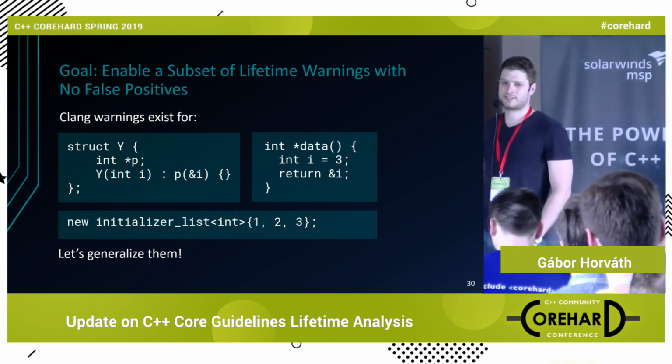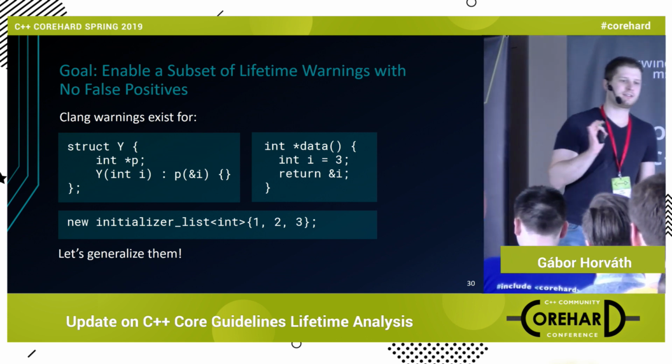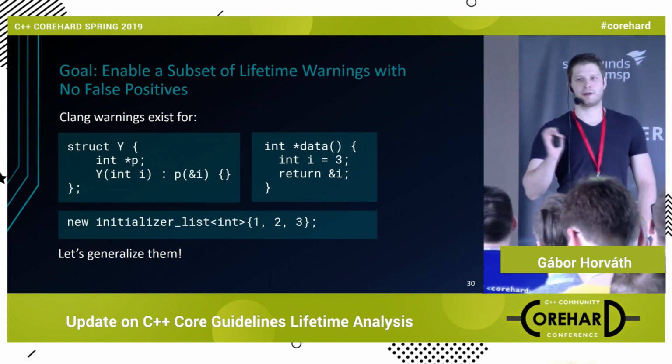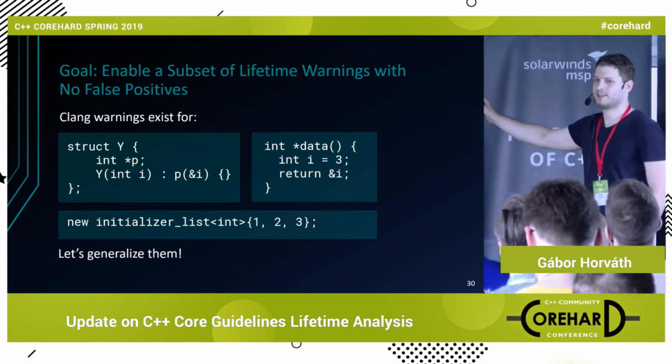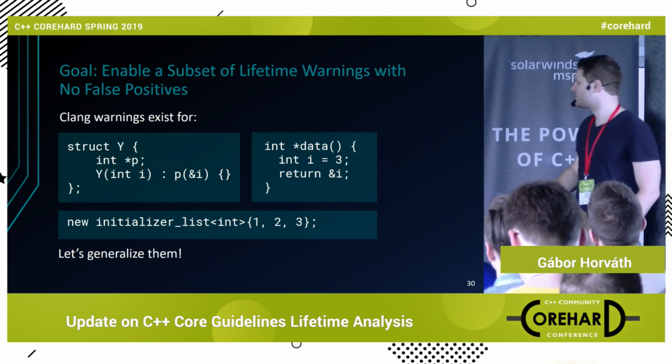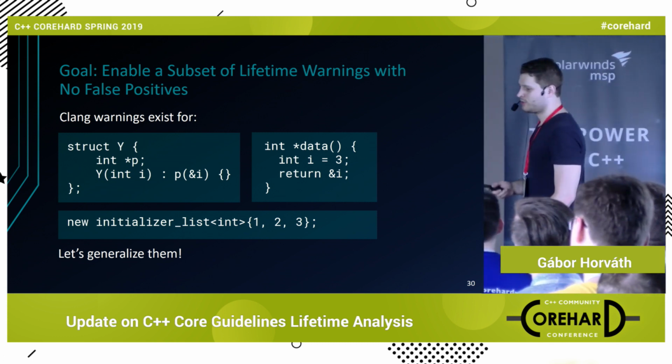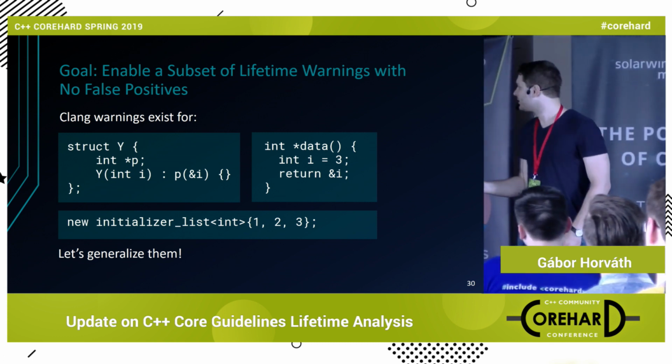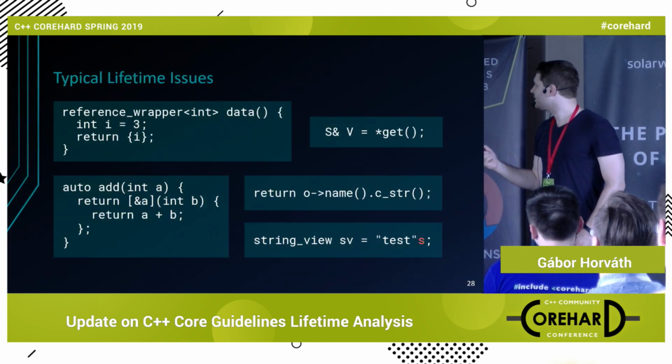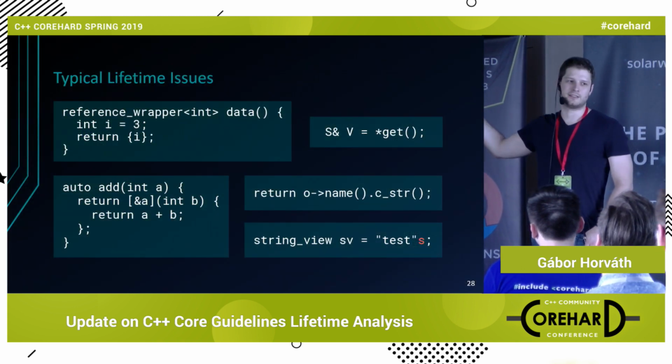So these are existing warnings in Clang, but these are only working for primitive types and one std type. So the idea was to generalize these warnings so we can find problems like these.